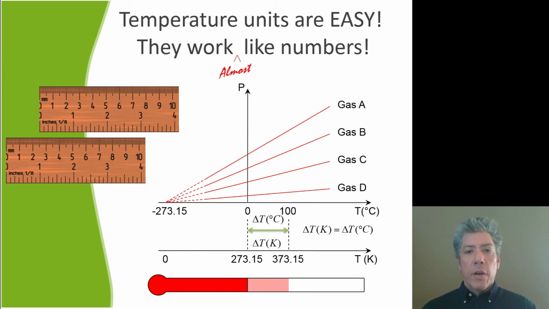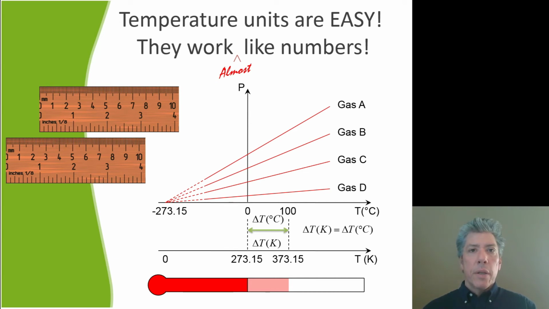You probably already know that, but here's something you may not have thought about. How much difference in temperature is there between the boiling point and freezing point on the Celsius scale? Well, let's see. Boiling point's at 100 Celsius, freezing 0, no problem, that's 100. What about on the Kelvin scale? Well, actually it's exactly the same amount, because on the Kelvin scale, the boiling point of water is 373.15, the freezing point is 273.15.